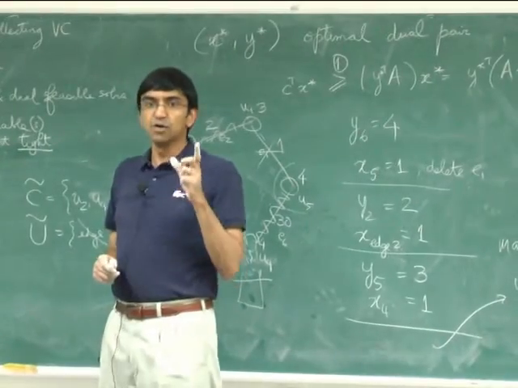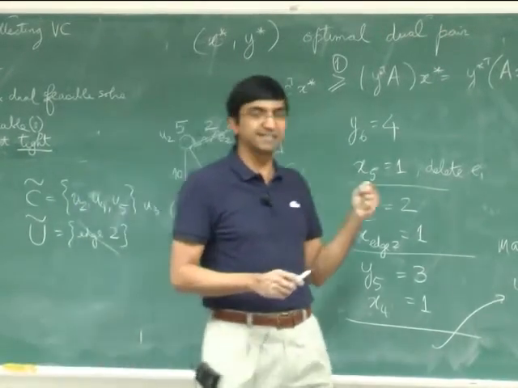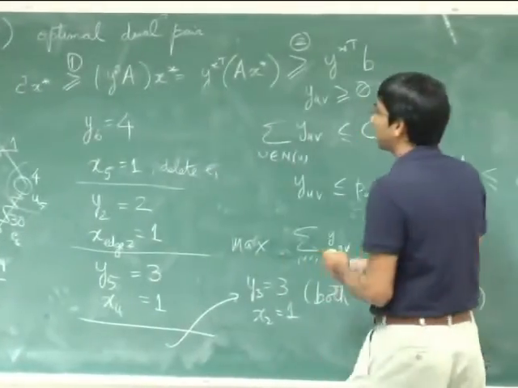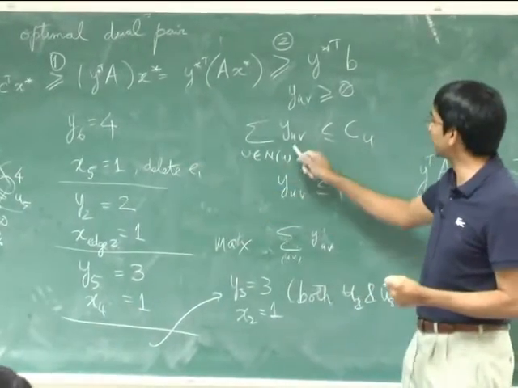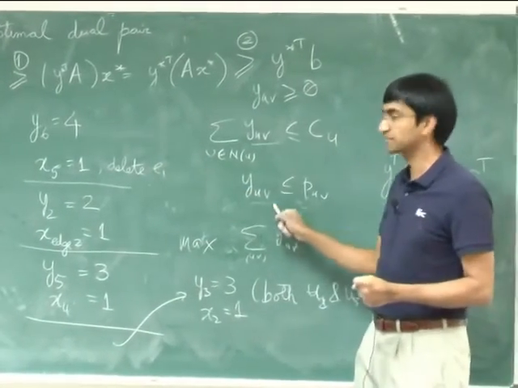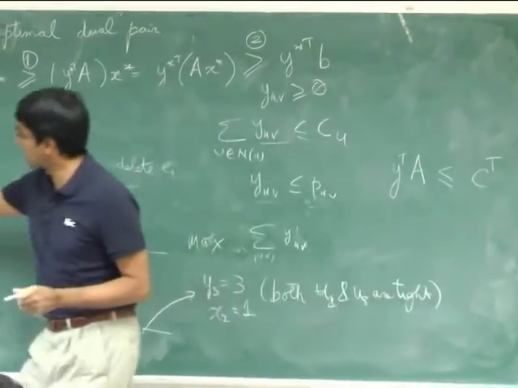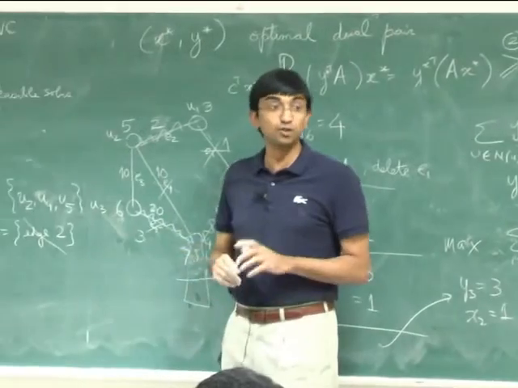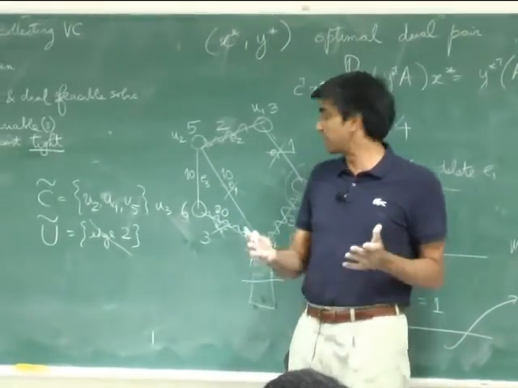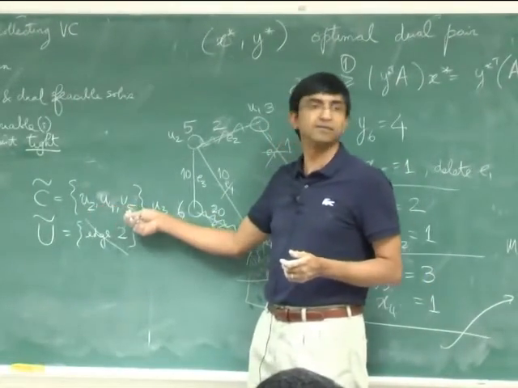Now, what we have actually done, if you think about it, is come up with an algorithm to set these variables. In particular, just like I filled out the primal solution, let me fill out the dual solution. What is the primal solution? I set all of these to 1.